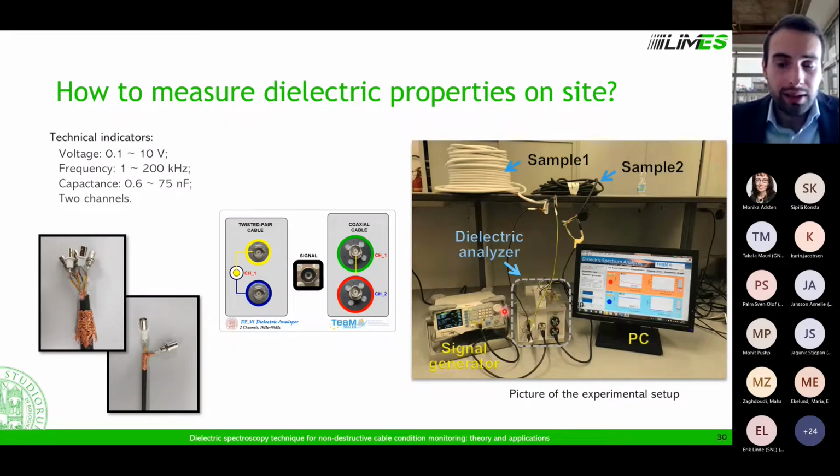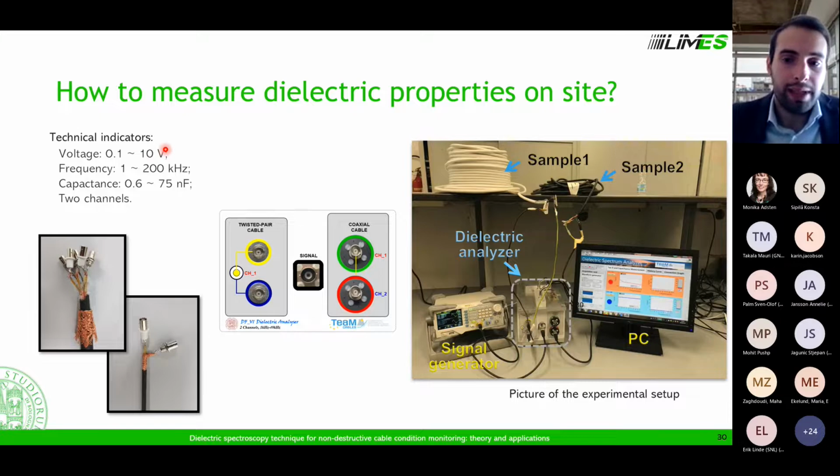The setup is made up of a dielectric analyzer with some acquisition cards, a signal generator which applies the voltage at different frequencies, and then a PC to acquire the data. It's LabVIEW software based on the acquisition card. The frequency region analyzed is between 1 and 200 kHz, and the applied voltage depends on the signal generator, but in our case is up to 10 volts.